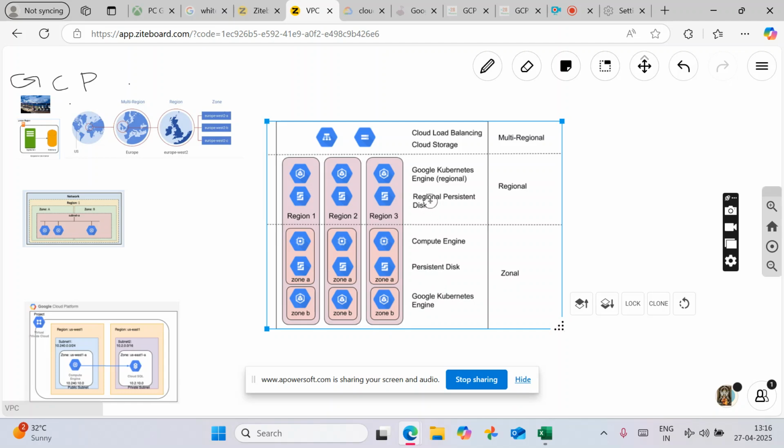And the regional persistent disk is also configured at the regional level. Means the same Compute Engine and GKE are configured at the zone level, but they have visibility across a region. They are configured in such a way that the same resource can be available across multiple regions.